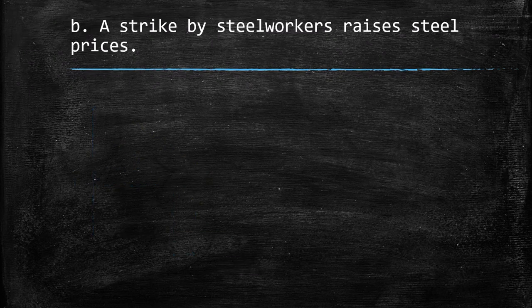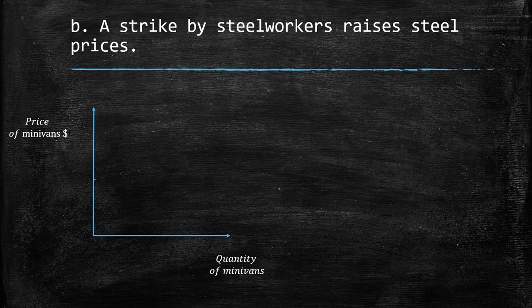So the next case, strike by steel workers raises steel prices. So here we are on the supplier side, okay? Because here we have the initial part. So remember that when we have changes in the input prices, we need to shift the supply curve. In this case, the input, which is steel, is going to rise.